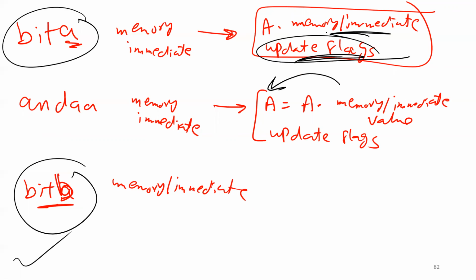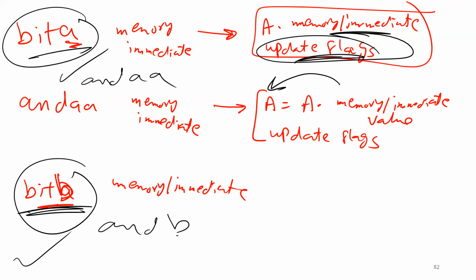No, I just want to update the flags. I just want to do a comparison. I want to check. Anyway, so we have BIT A and BIT B. This one is for AND A, this one for AND B.